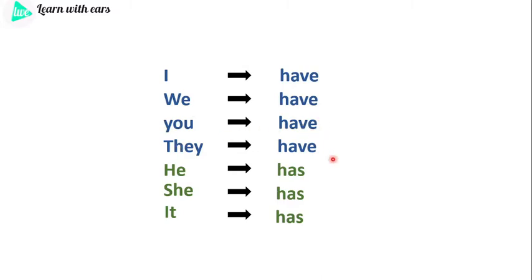They have. And with he we use has, she has, it has. Okay? I have, we have, you have, they have, he has, she has, and it has. Now let's see some examples.